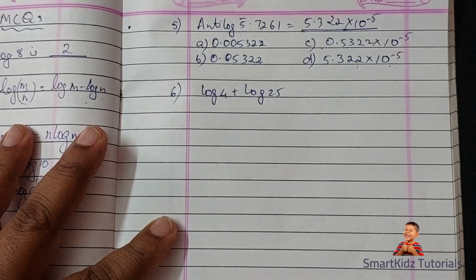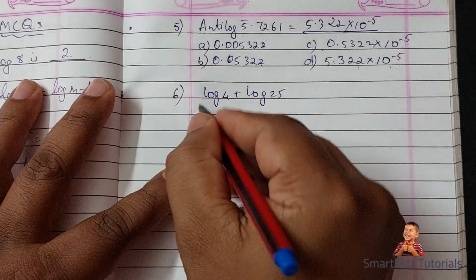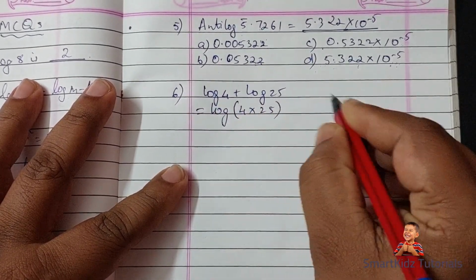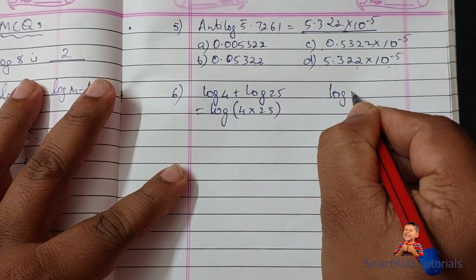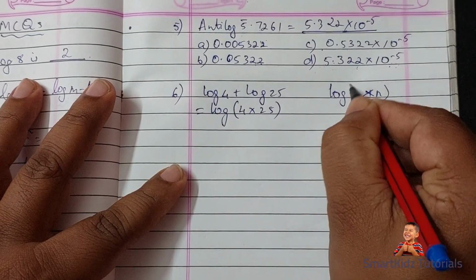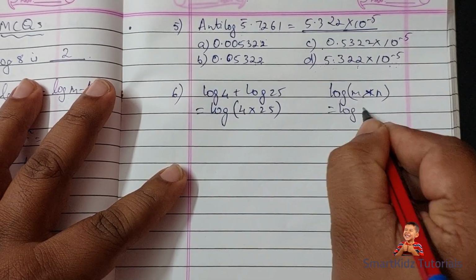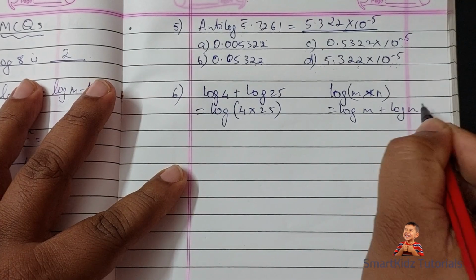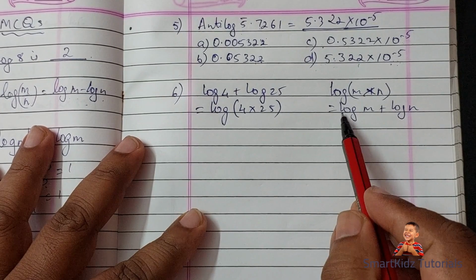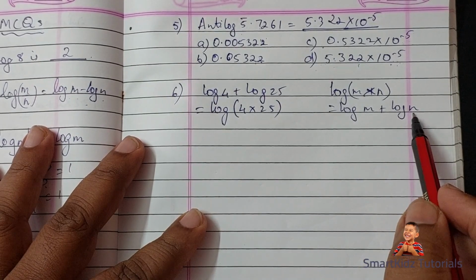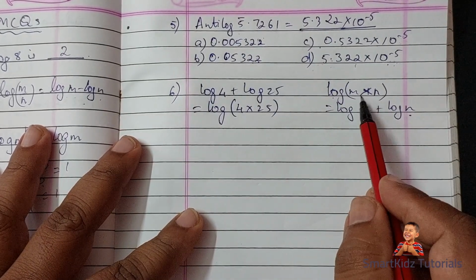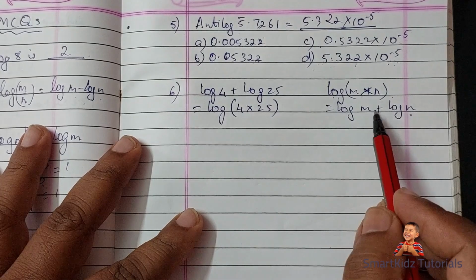Next question, log of 4 plus log of 25. We can rewrite this as log of 4 into 25. Again, this follows the rule of log of m into n, which can be written as log of m plus log of n. We had done m upon n and got log of m minus log of n in the first question. In this case, it is log of m into n, which we write as log of m plus log of n.